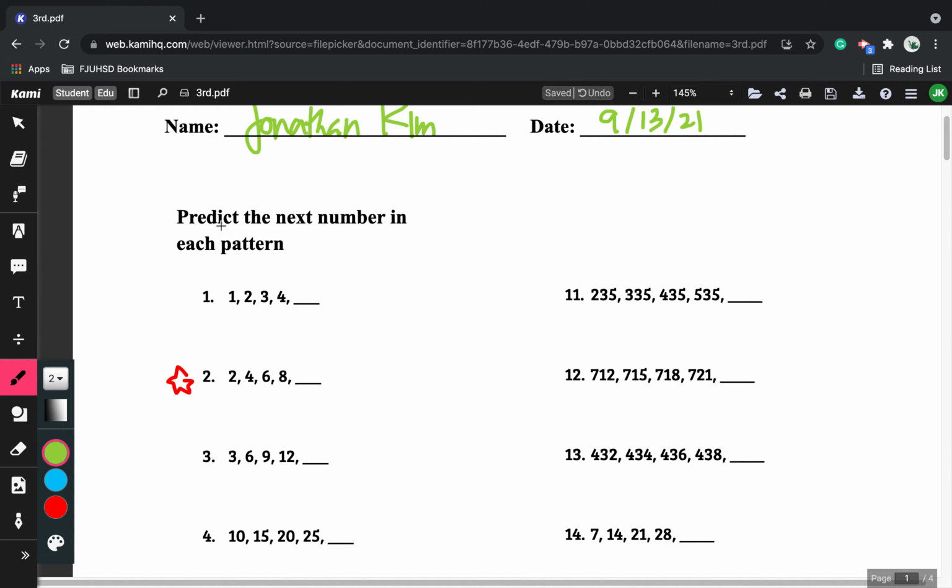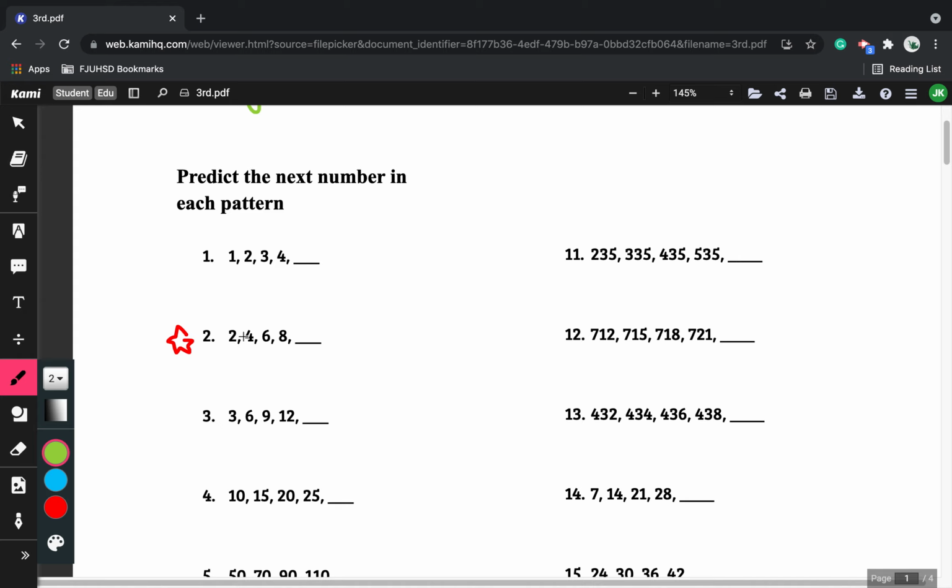They said, predict the next number in each pattern. Notice how 2, 4, 6, 8 have a pattern. If you want to find that pattern, you can get two of these numbers and subtract. So 8 minus 6 and 4 minus 2. 8 minus 6 is 2, and 4 minus 2 is 2.